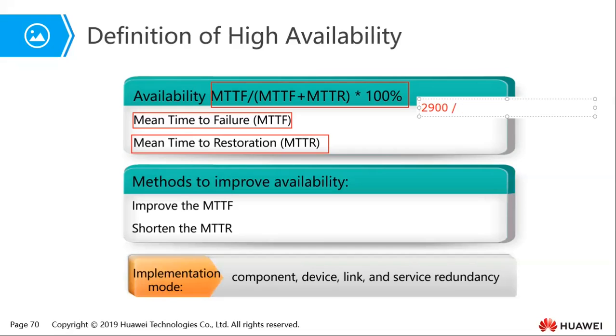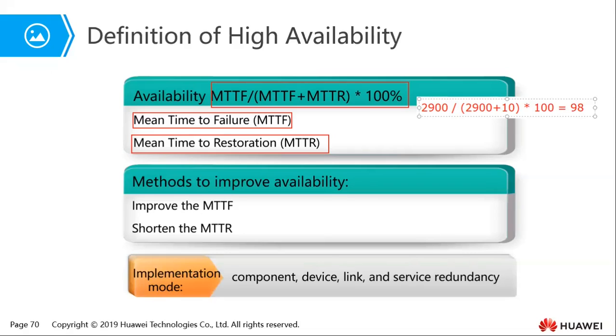So we can divide this by 2,900 plus how many hours in a year does it take for us to restore services? Let's say it's 10 hours. So after we do that, we now need to multiply this by 100.